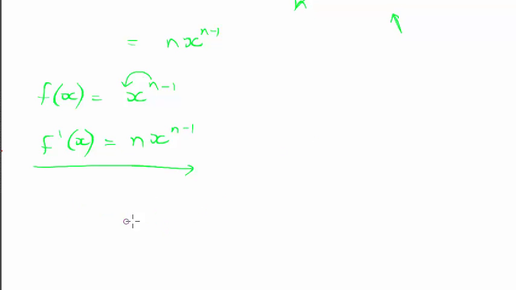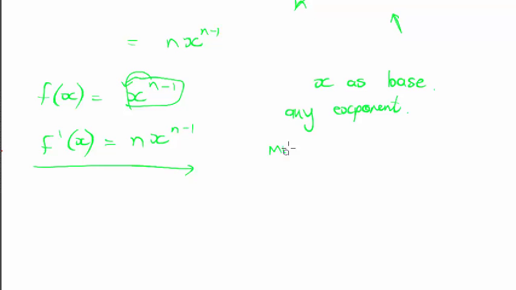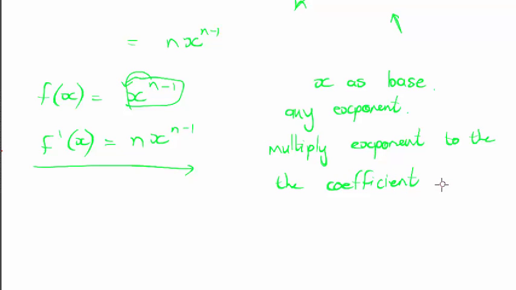In other words, if I have this expression, I have my x as base and any exponent, then I multiply the exponent to the coefficient and subtract 1 from the exponent. You guys get that, huh?